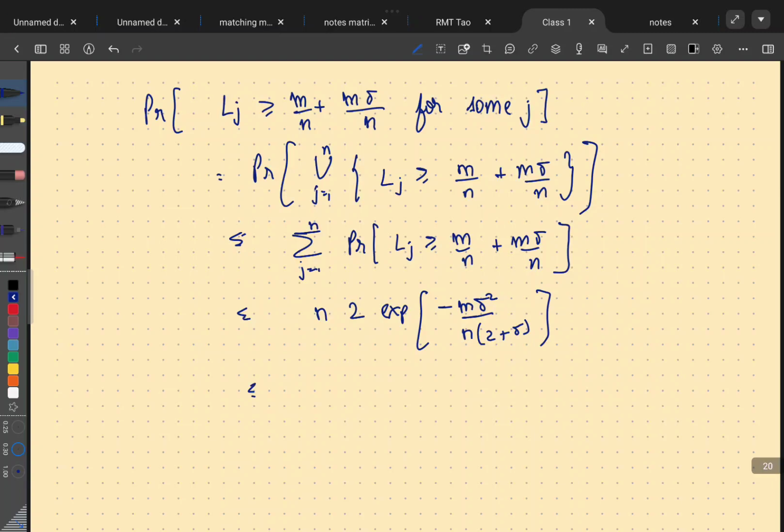Now we can show that this is going to be less than or equal to some constant by n if I choose delta to be something that scales as log n.